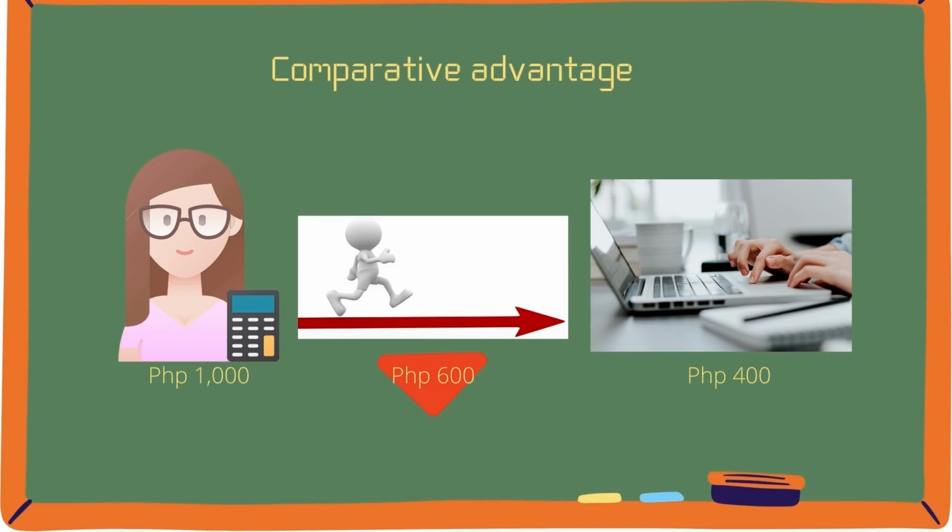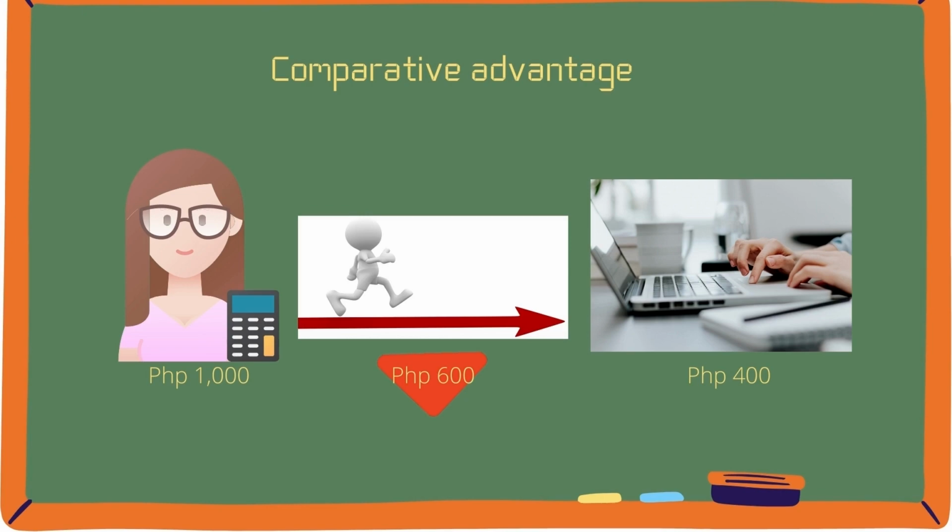Now let's look at a simplified hypothetical example to illustrate the subtle difference between these principles. In this example, Hannah is an accountant who charges 1,000 pesos per hour for her accounting services. It turns out that Hannah can also type faster than the administrative assistant in her office, who is paid 400 pesos per hour.